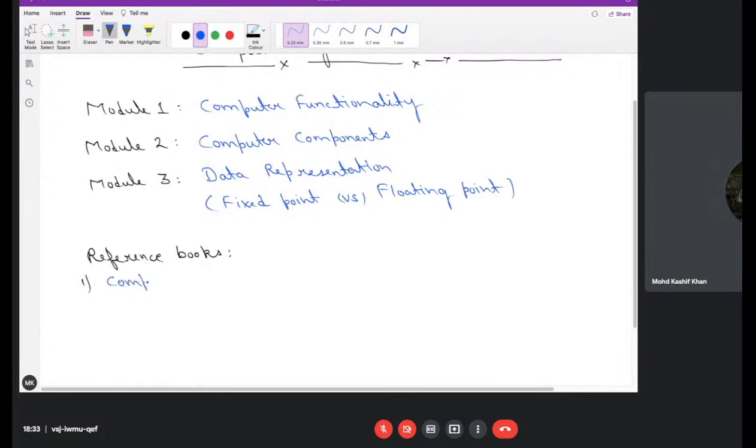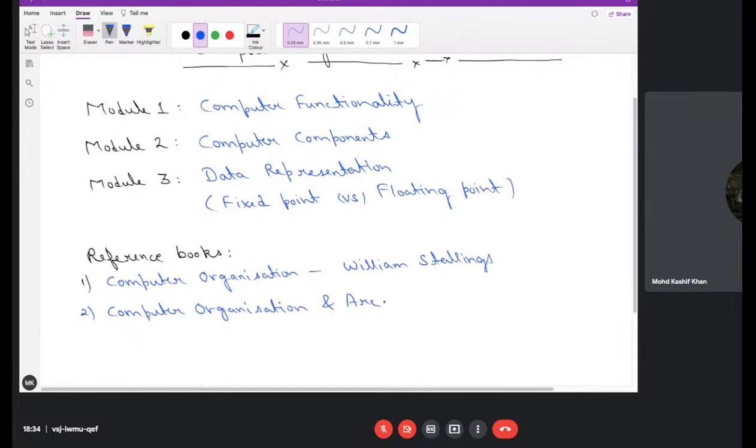One is Computer Organization by William Stallings, and the other is Computer Organization and Architecture by Morris Mano.